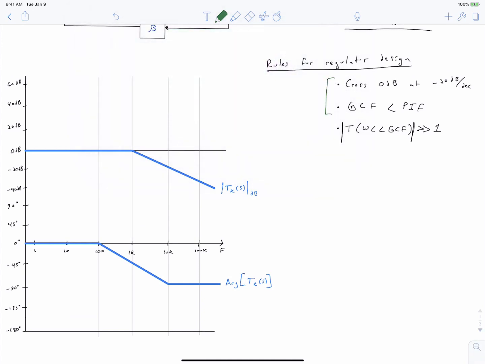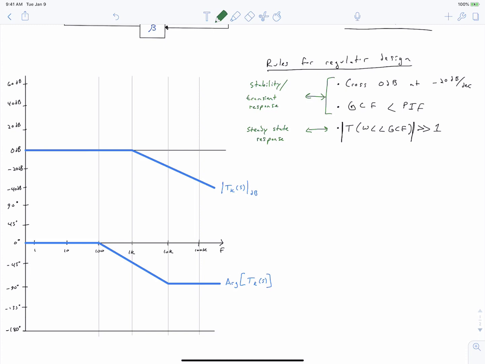So the first two rules here relate to stability of our closed loop system, and they also relate to our transient response, whether we have overshoot or undershoot or ringing on our output waveform in response to a disturbance. The third rule pertains to our steady state response. This relates to how much error we have in our system in the steady state conditions.